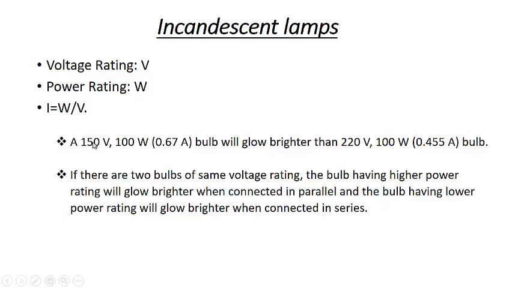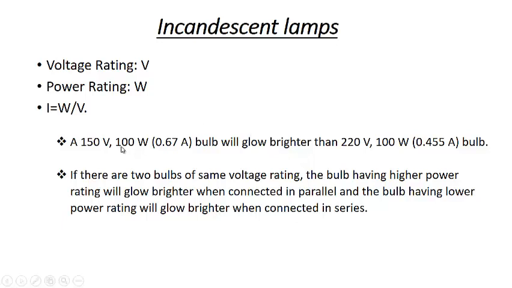Now what is this extra information? A 150 volt 100 watt bulb that draws a current of 0.67 amperes, calculated using this formula, will glow brighter than a 220 volt 100 watt bulb, which draws a current of 0.455 amperes, at lower voltage. For example, our voltage in homes in practice varies from 80 volts to around 180 volts at the maximum.